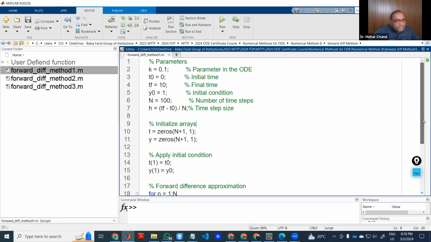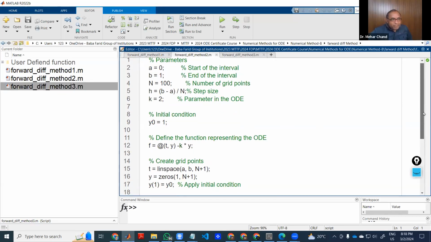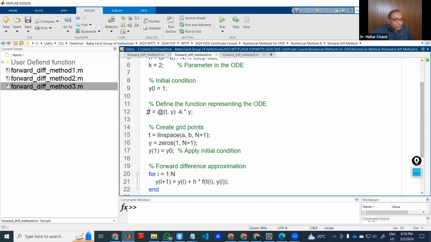So there is very little difference now. The example at this place is the same. I did not write the statement, no issue. Here you can see dy upon dt is equal to minus ky, so the example is the same as we did for the backward. And what about the forward?